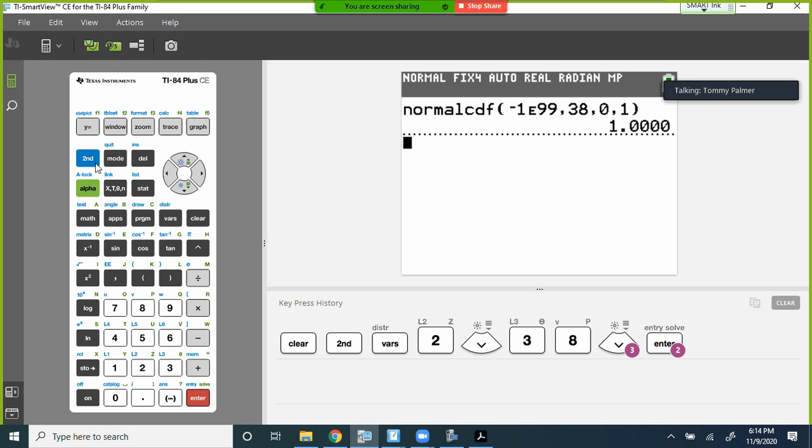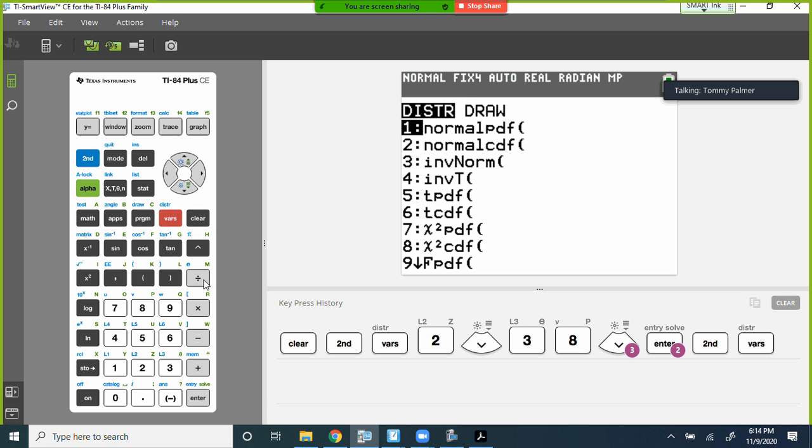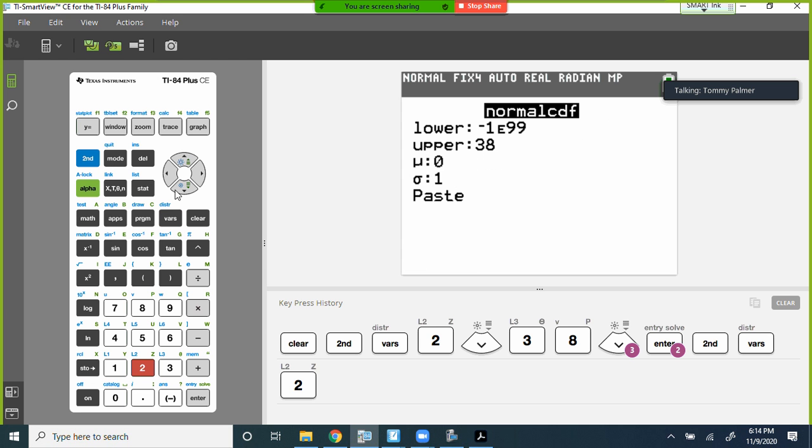Okay. So let me go back. Let me go second bars 2. So we'll go 38. Then we have a mean of 50 and a standard deviation of what? 7. So when do we use 0 and 1? With the z-score for the upper, right? Does that make sense?